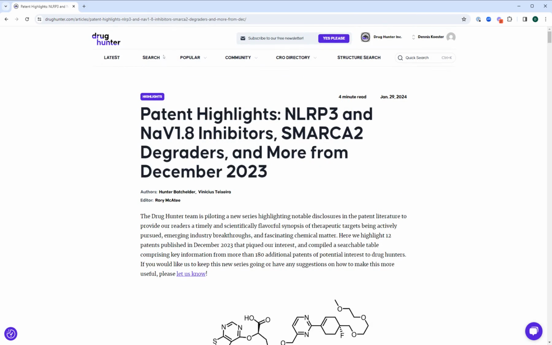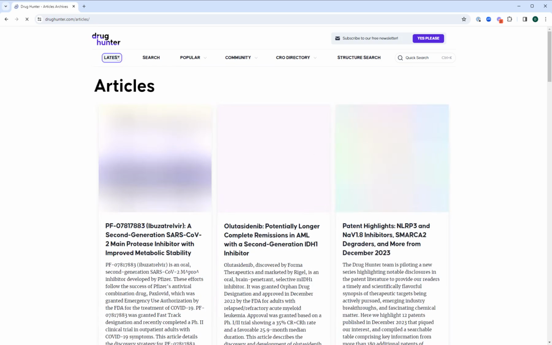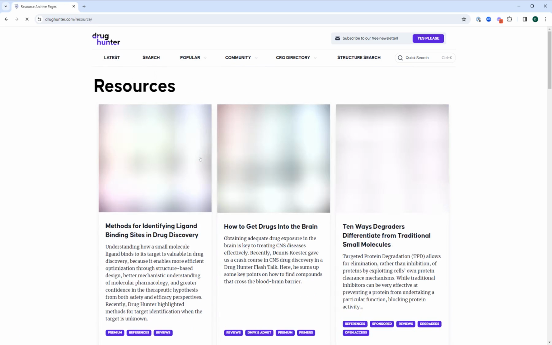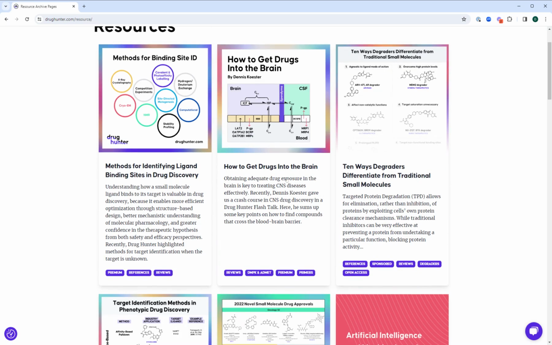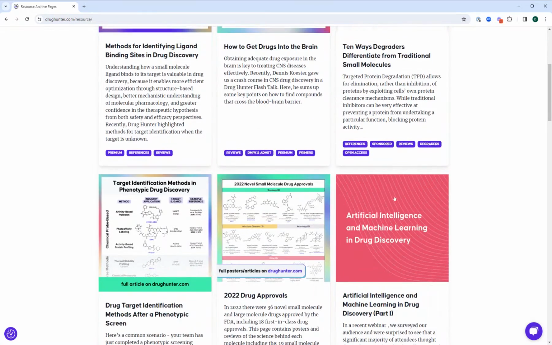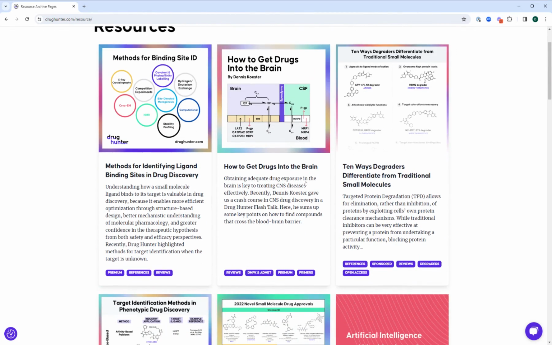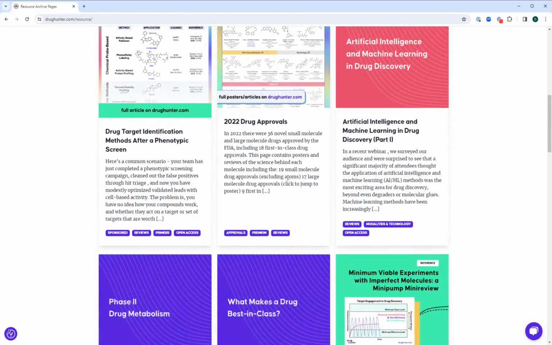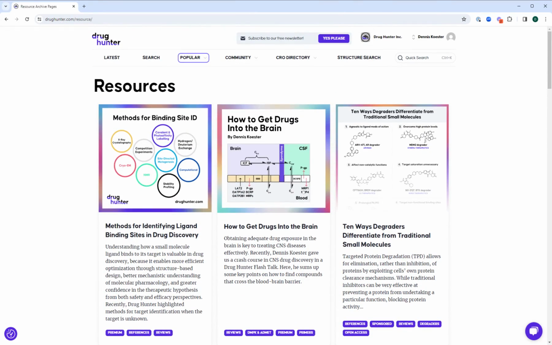If you want to get an overview of certain fundamental topics, for example, how can you get drugs into the brain, or how do degraders differentiate from traditional small molecules, our educational resources will help you jumpstart your reading, or make recommendations for newer hires or starters in the drug discovery field.